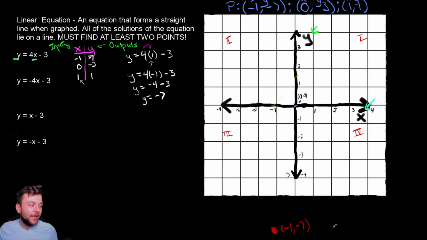So the reason why I always pick -1, 0, and 1 is that you can pick anything that you feel comfortable with, right? It's just that the math with -1, 0, and 1 is the easiest math to work with, in my opinion. What is 1 times anything? It's whatever it is. So when you have 1 times 4, it's going to be 4. When you have -1 times 4, it'll be -4.